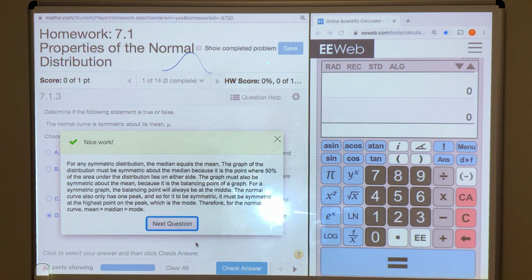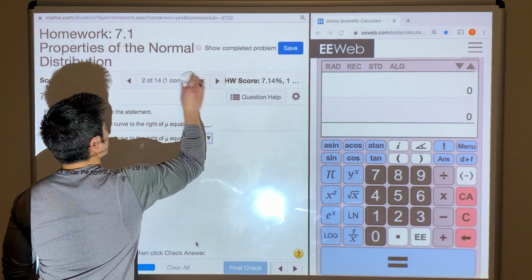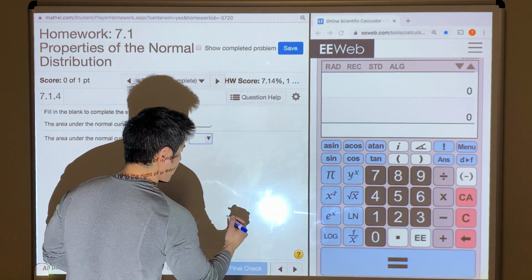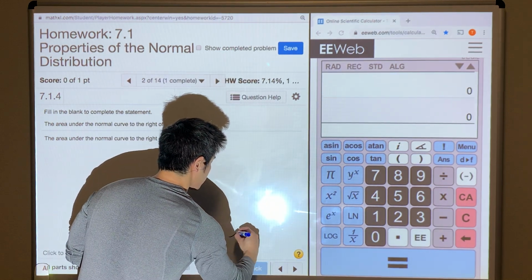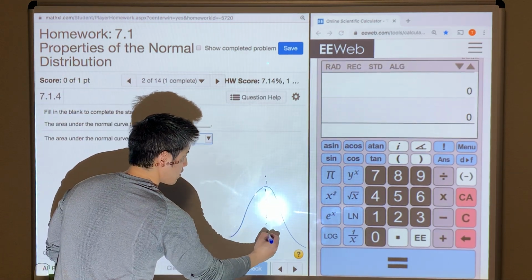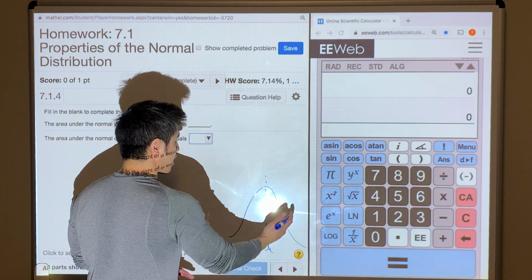Number 2, fill in the blank to complete a statement. The area under the normal curve to the right of mu equals. I should probably draw a slightly larger picture to help you get going with this. Recall that here's your mean, and it's split evenly, half and half, across.